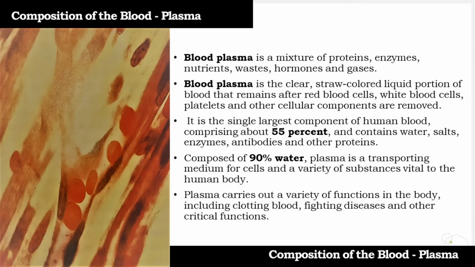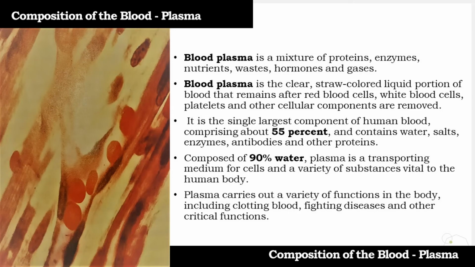Blood plasma is a mixture of proteins, enzymes, nutrients, wastes, hormones and gases. Blood plasma is the clear, straw-colored liquid portion of blood that remains after red blood cells, white blood cells, platelets, and other cellular components are removed.